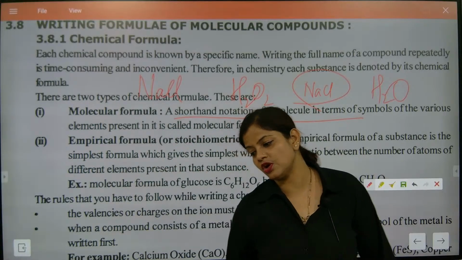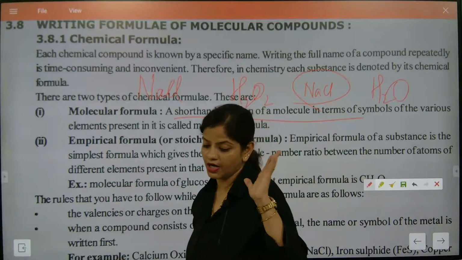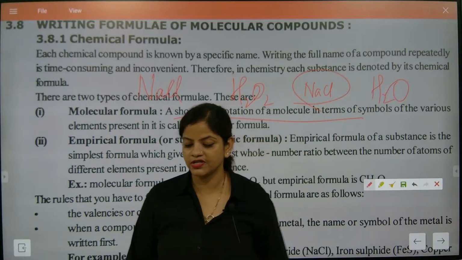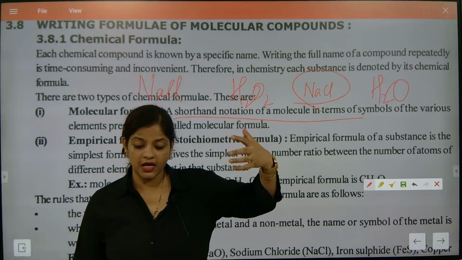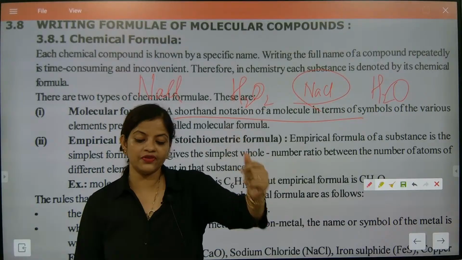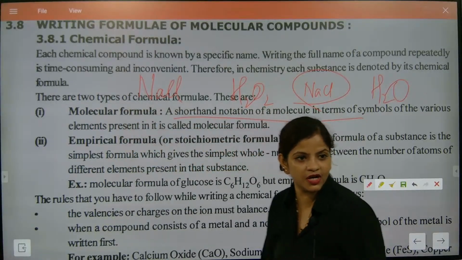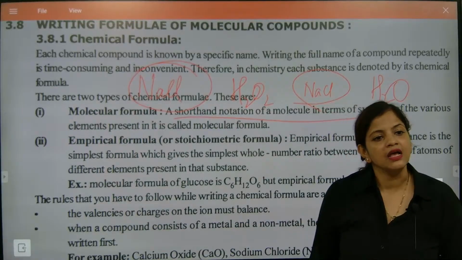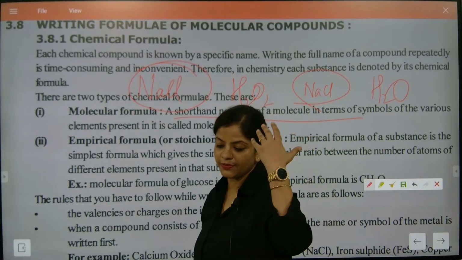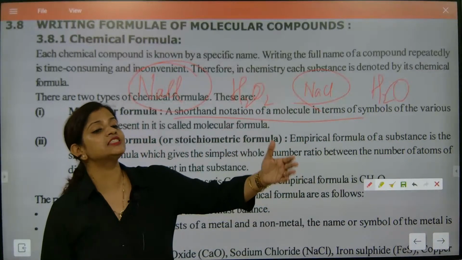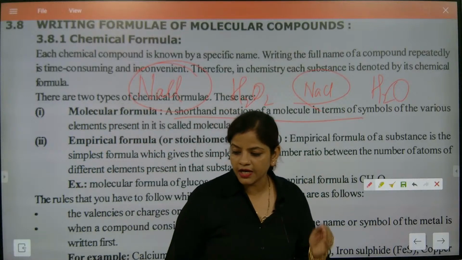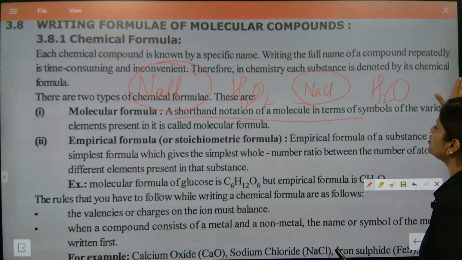So whenever somebody asks you, answer those questions plainly. So, what is a molecular formula? You represent elements in their combined form, like this, as a symbolic presentation. It is called the molecular formula. I hope everybody understood this.